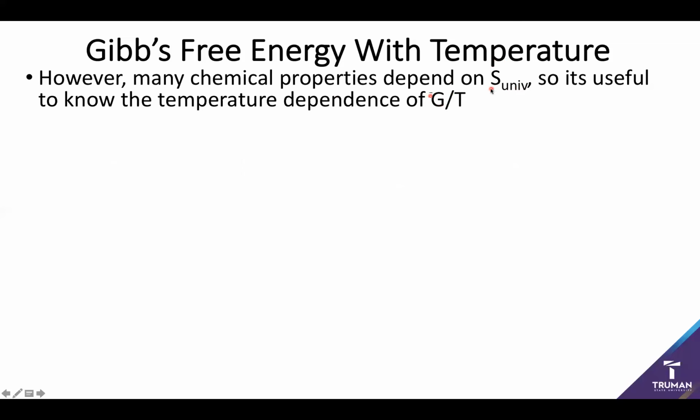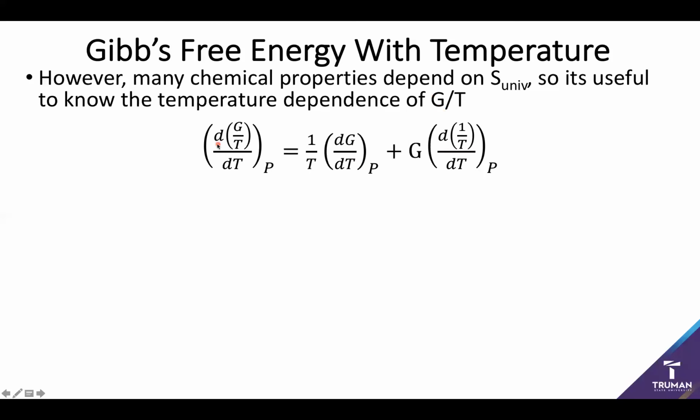And if you remember, the universal entropy is essentially going to be related to Gibbs divided by temperature. So it's not uncommon that what we're really going to be interested in is the change of this universal entropy factor. In truth, we should have a negative factor out front, but that's easier to correct for in retrospect with temperature. And again, because it's Gibbs, we're only going to be equivalent to total entropy under isobaric conditions, because that was one of our assumptions.